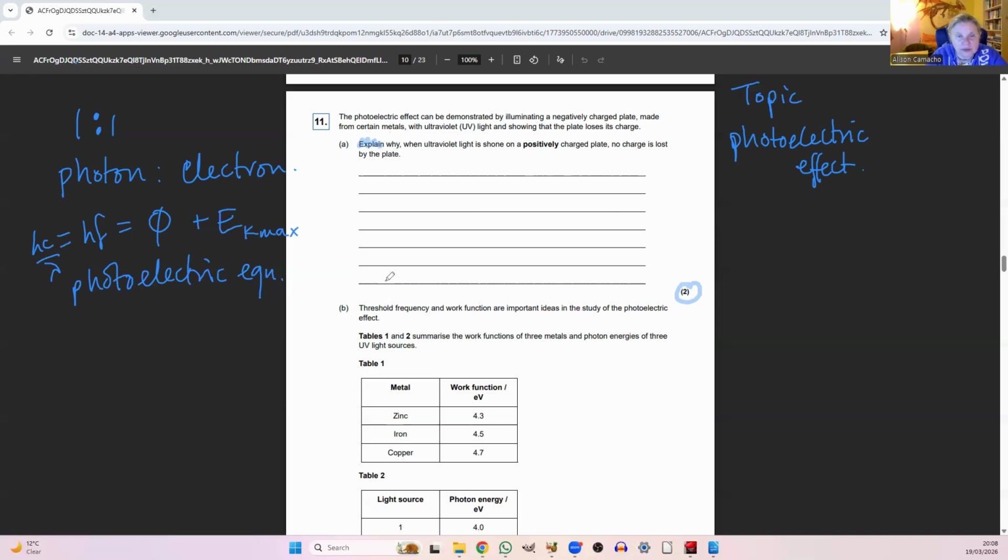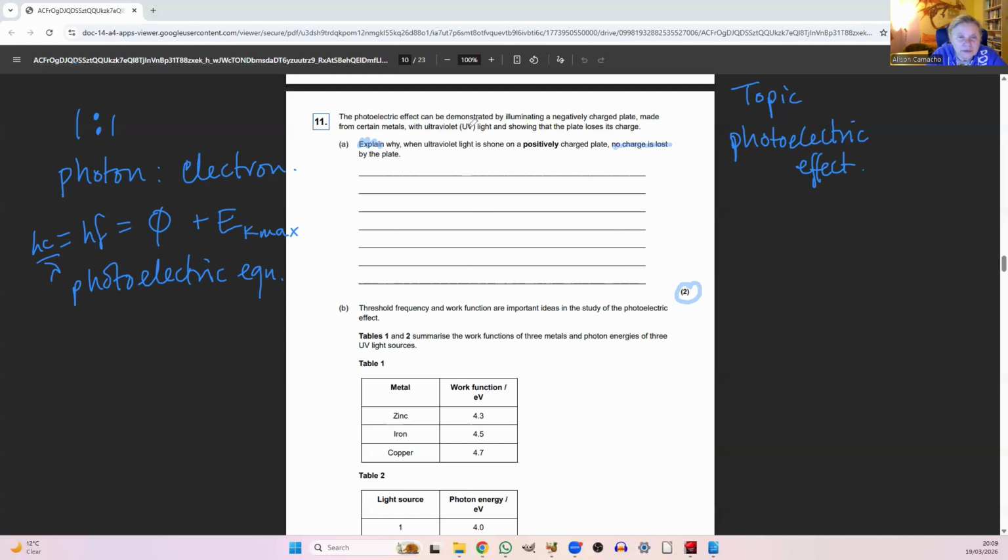Right, now the next thing to do in the ninja question reading thing is to identify all the numbers. All the numbers. I don't think there are any. Oh, there is a number. Look, no charge is lost.